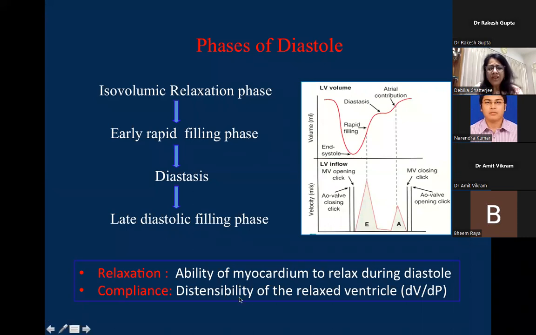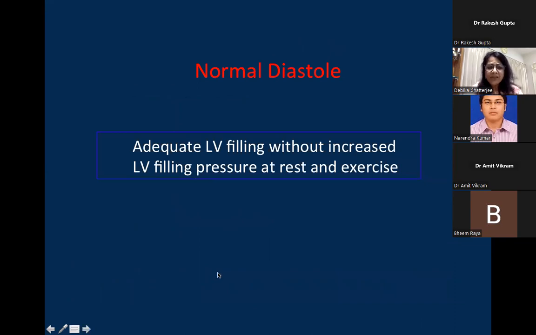So distensibility of the relaxed ventricle, that is the change in volume in change of pressure, should be normal. If both these factors are normal, then we get normal diastole, where there is adequate LV filling without increased LV filling pressure at rest as well as with exercise.